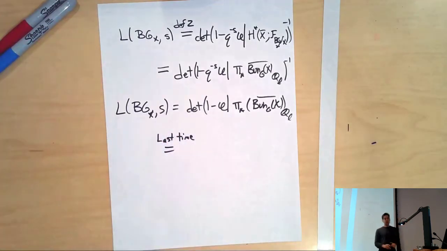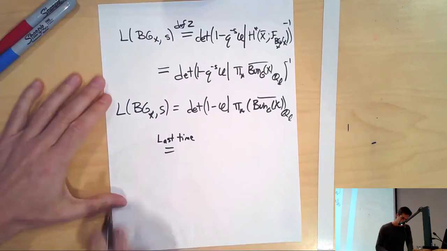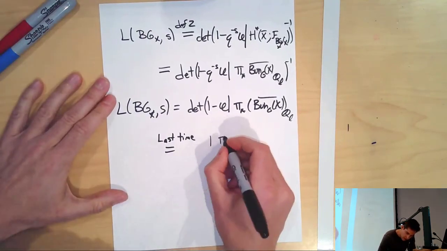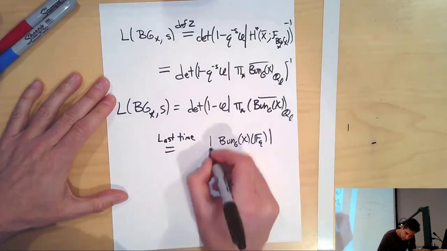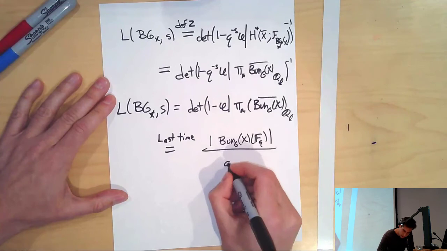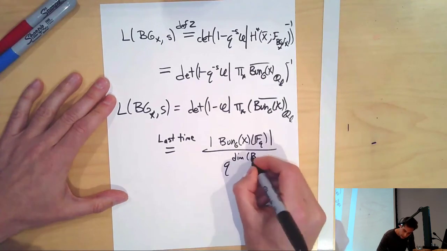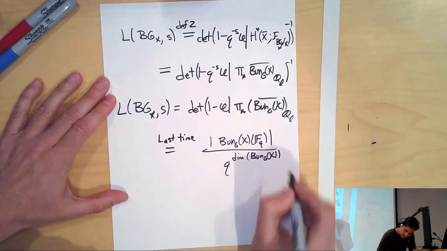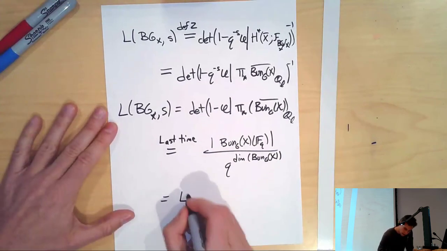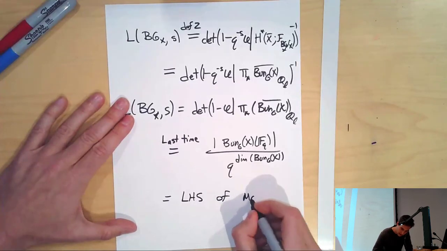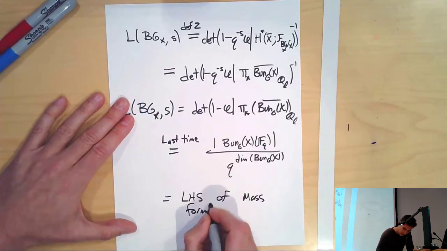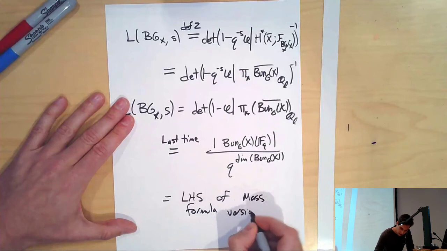Well, if you assume that Bun_G(X) satisfies the Grothendieck-Lefschetz trace formula and that everything converges, this, by what we said last time, is the number of F_q points of Bun_G(X) divided by q to the dimension of Bun_G(X). In other words, this is equal to the left-hand side of the mass formula version of Bayes' conjecture.